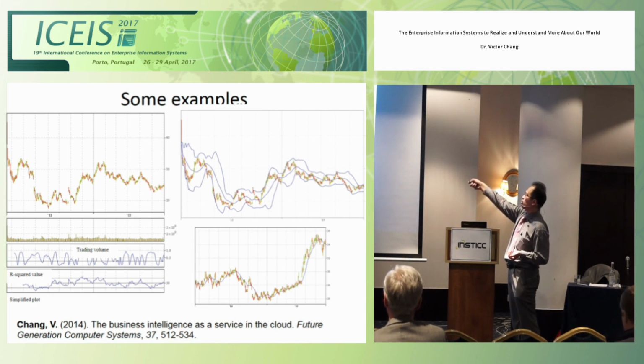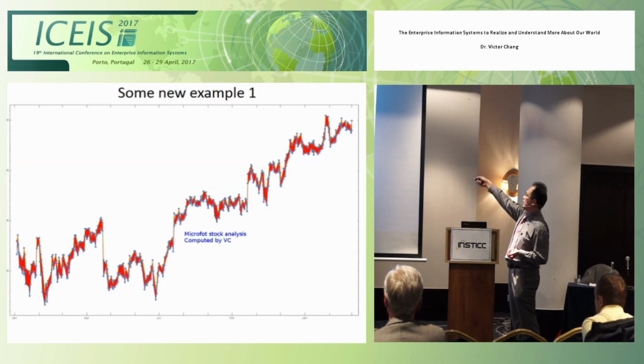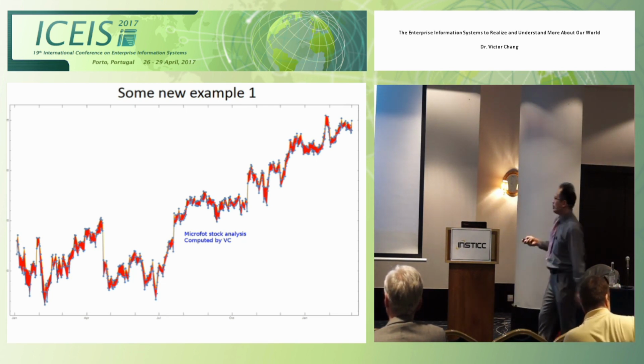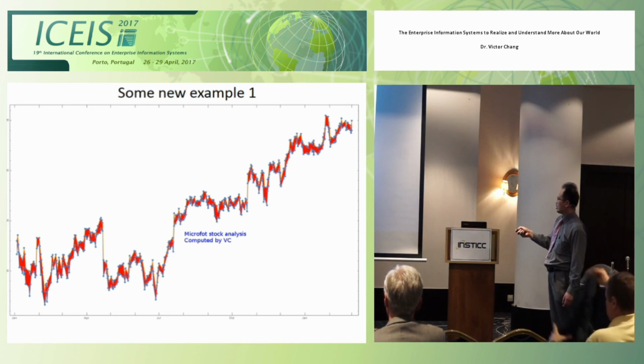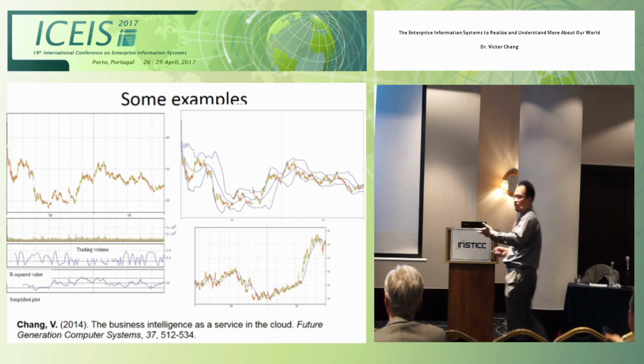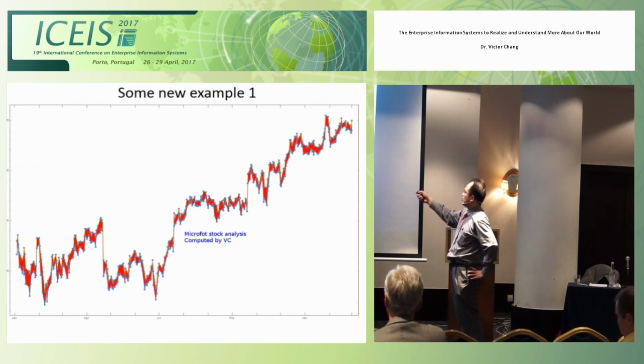This shows all the analytics, API libraries, software as a service, and these are the infrastructure as a service. And then some examples, one of my single-author papers, business intelligence service in the cloud, Future Generation Computer Systems. This is the way people did it like 4 or 5 years ago. Like you can do exactly what the New York Stock Exchange does.